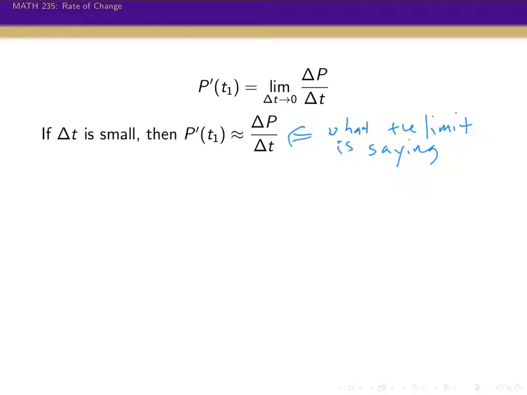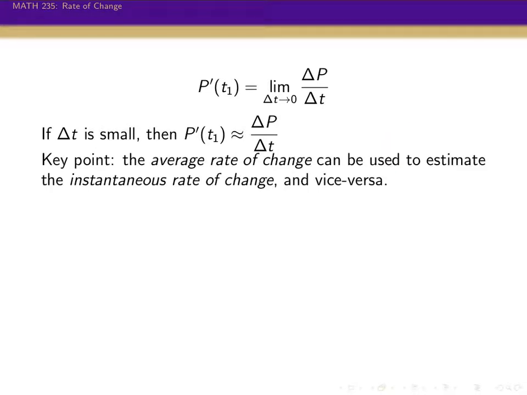They're not quite interchangeable, but they are good approximations for each other. So the key point is that the average rate of change can be used to estimate the instantaneous rate of change. That's using delta p over delta t to approximate p prime of t, and vice versa. And so we can go the other way as well.